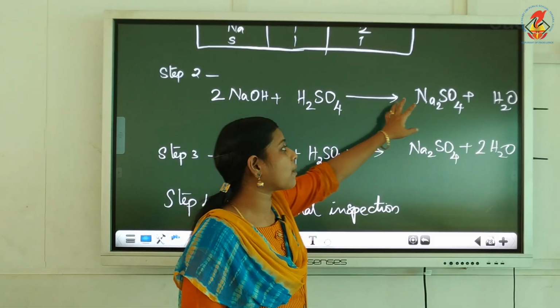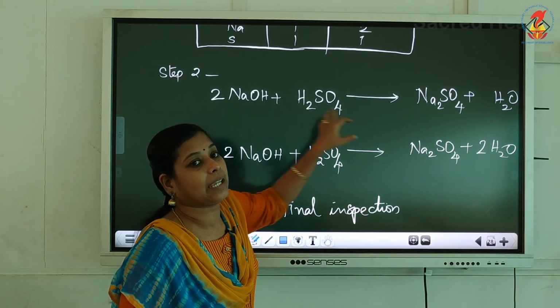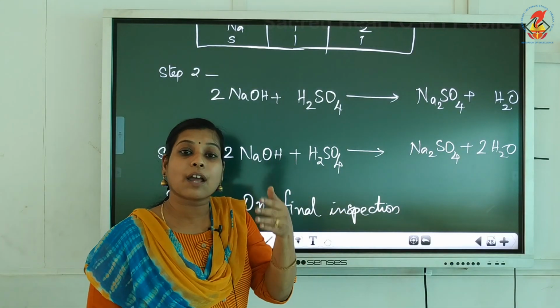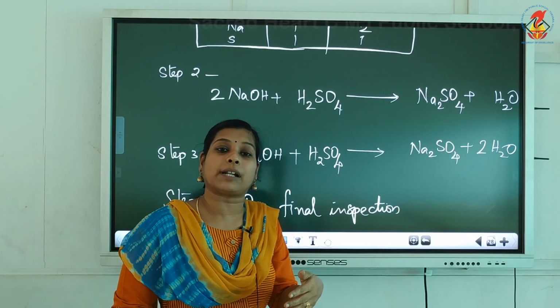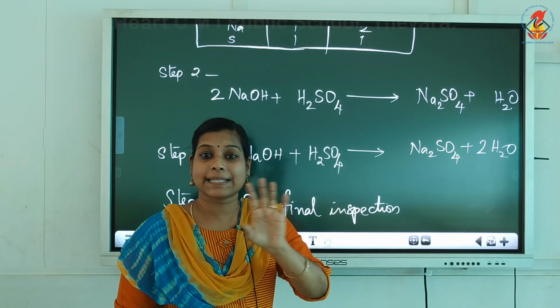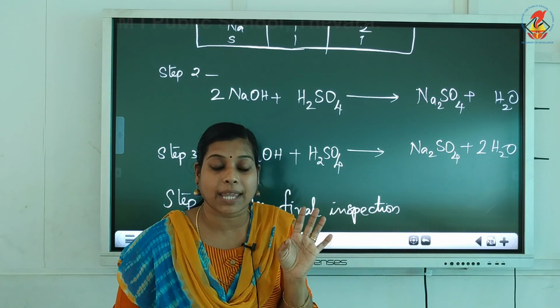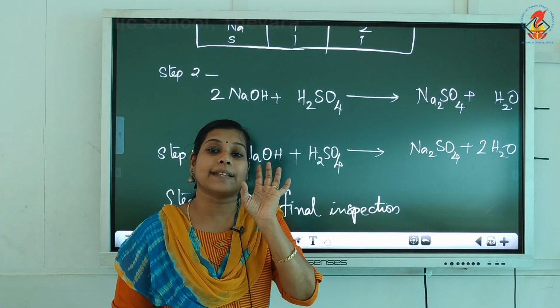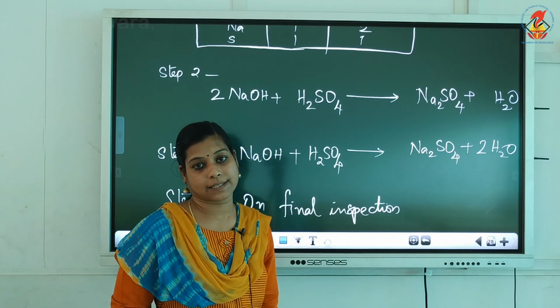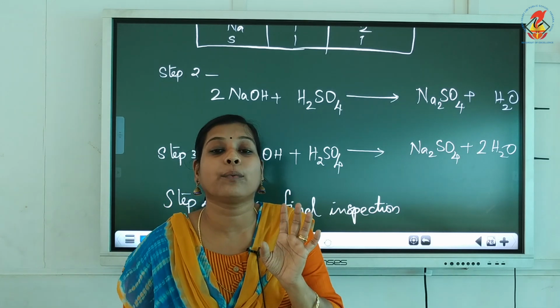So multiples of 2 definitely will equate this equation again. But instead of 4, if 2 is possible, then we have to use that lowest number. That is actually the rule of balancing a chemical equation. Balancing is to be done with the lowest possible whole numbers. Then only you will get marks.